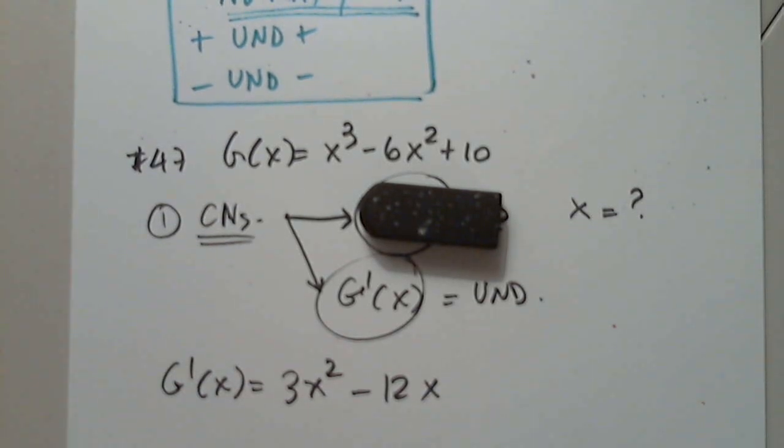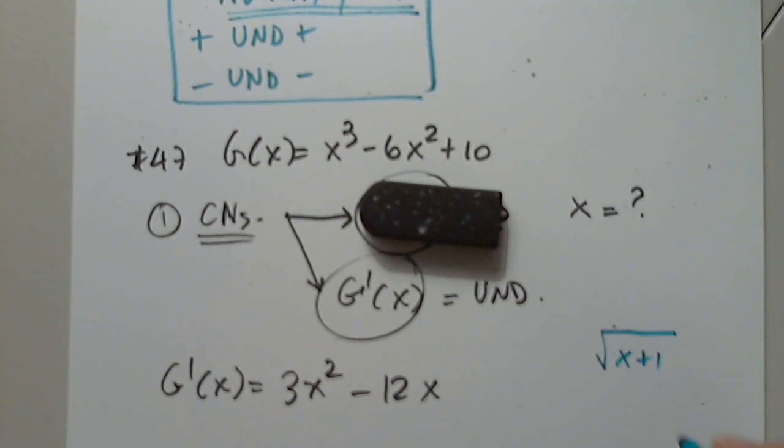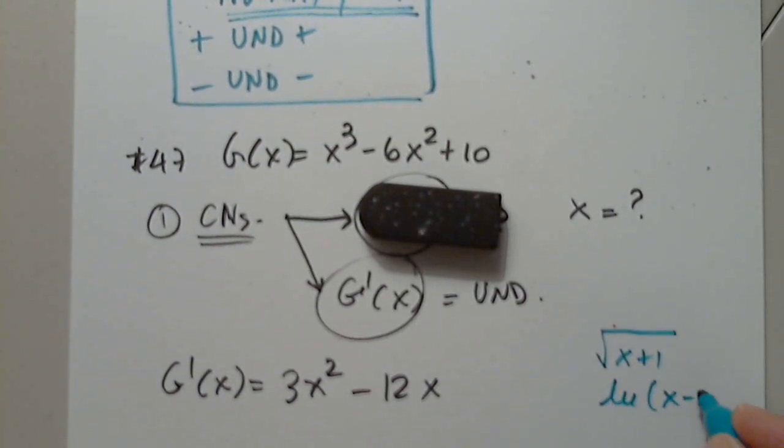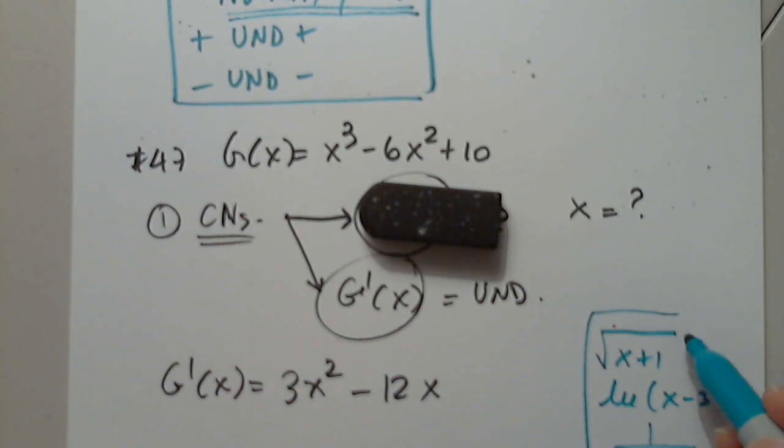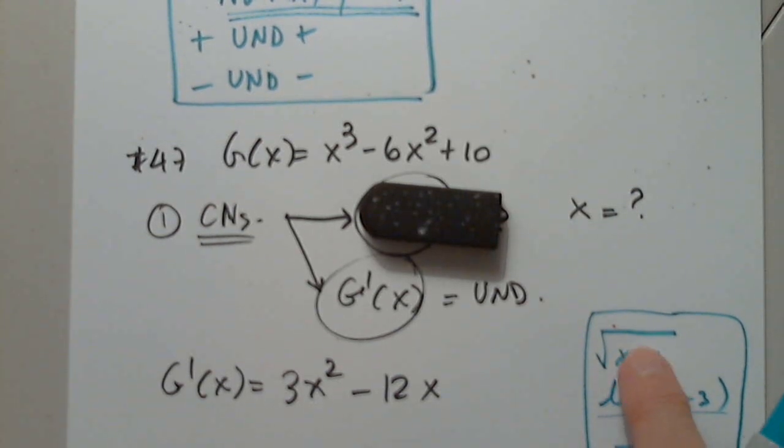Remember the functions that could potentially be undefined: square root, natural log. These are the functions that we discussed. Or let's say 1 over x plus 3. These are functions with restrictions. Natural log requires x minus 3 to be strictly greater than 0. Here, x plus 1 greater than or equal to 0.